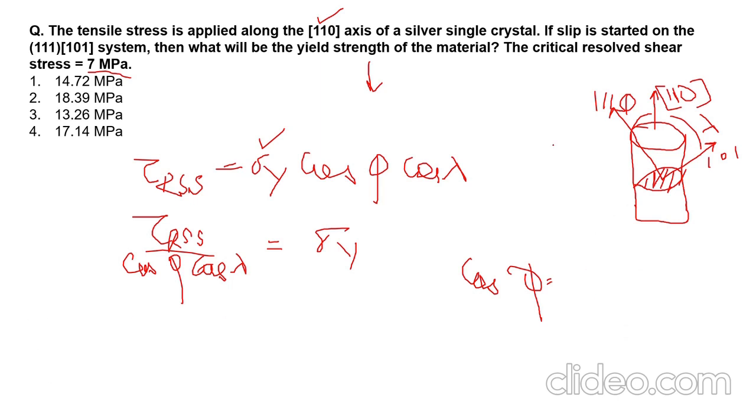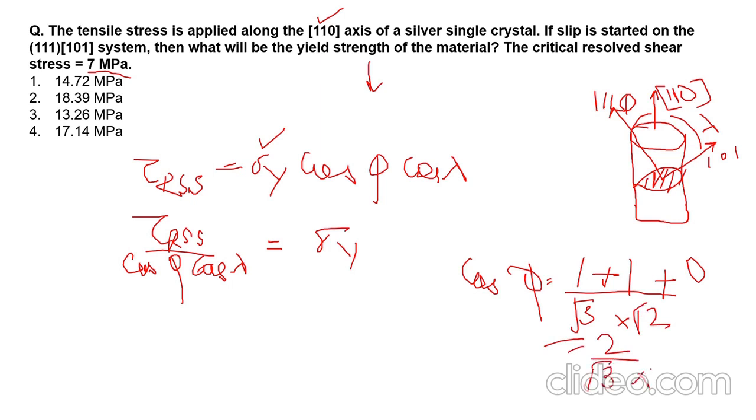First the dot product: 1 times 1, plus 1 times 1, is 1, plus 1 multiplied by 0. That is 2, divided by the square root of 3 multiplied by the square root of 2, that is root 6.